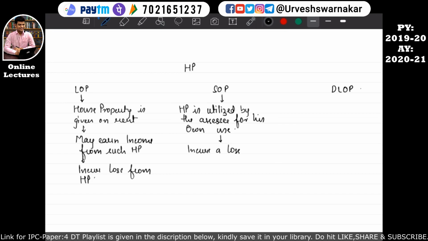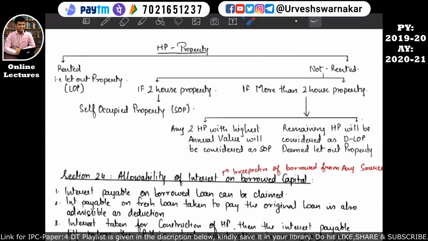I hope this is quite clear. So you all might be thinking that if a house property is let out, then there is a possibility that an assessee will earn an income, and there is a possibility that let out property may incur a loss. But how come a self-occupied property, that means even if the property is not given on rent, how will that house property incur a loss? So that is what we are going to study in our chapter, that is income from house property.